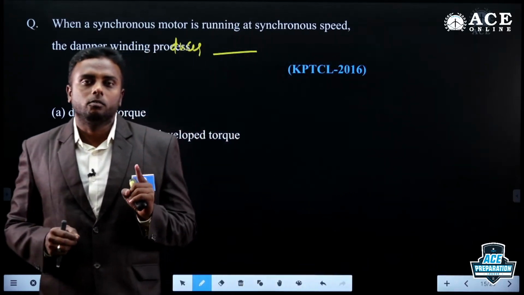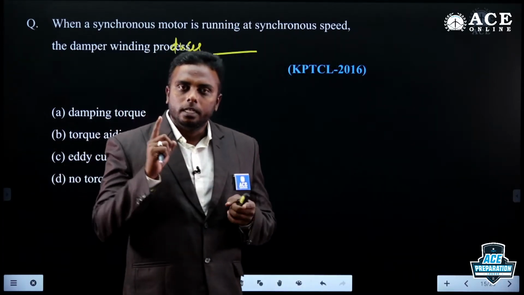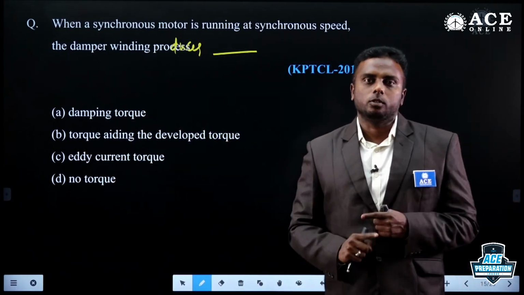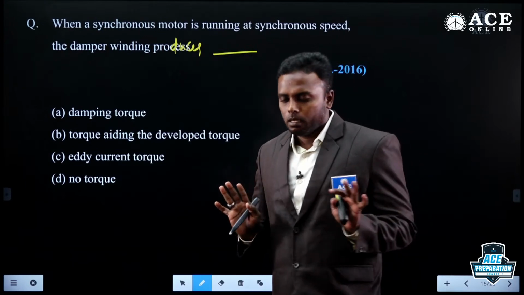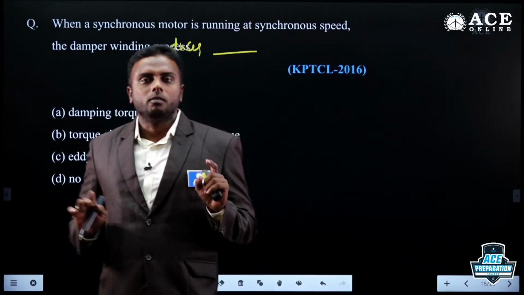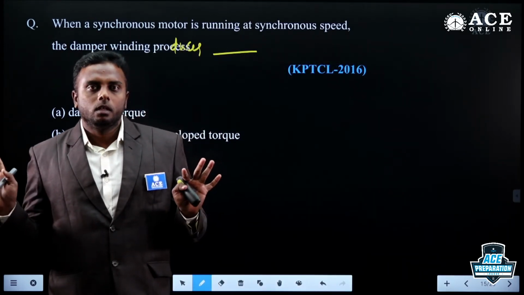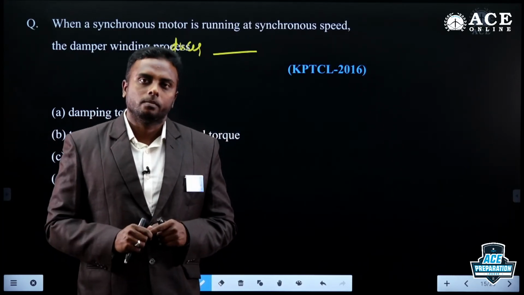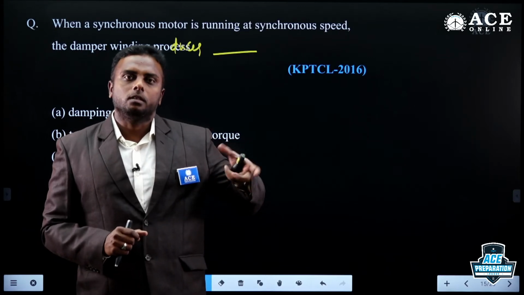What is the meaning of hunting? It is the oscillation of the rotor about its equilibrium position. In simple language, a synchronous motor always rotates at synchronous speed, but with sudden changes in load or input supply, the speed of the motor is suddenly disturbed.